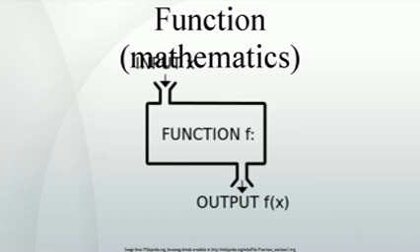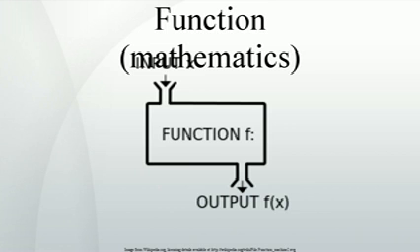For example, we could define a function using the rule f(x) equals x² by saying that the domain and codomain are the real numbers, and that the graph consists of all pairs of real numbers (x, x²). Collections of functions with the same domain and the same codomain are called function spaces, the properties of which are studied in such mathematical disciplines as real analysis, complex analysis, and functional analysis.